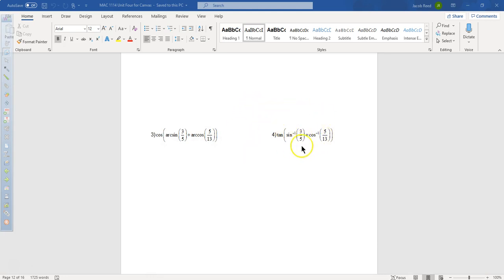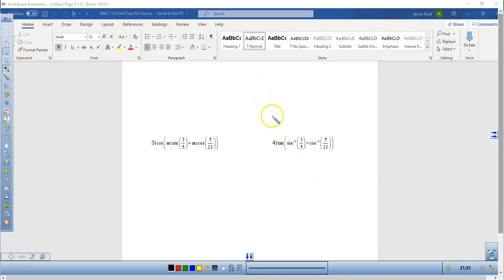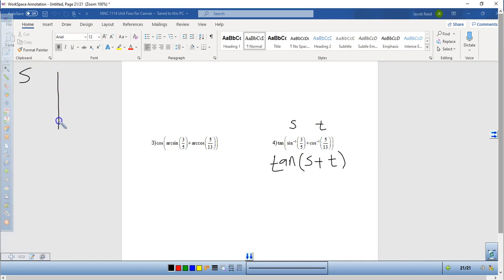Okay. Over here with the tangent, we're doing a sum of tangent. Tangent of s plus t. Well, yet again, this one's s, this one's t. So I need an s graph. And luckily, for these two questions, the s graph looks just like the last one. 3, 5, and 4. Here's theta.